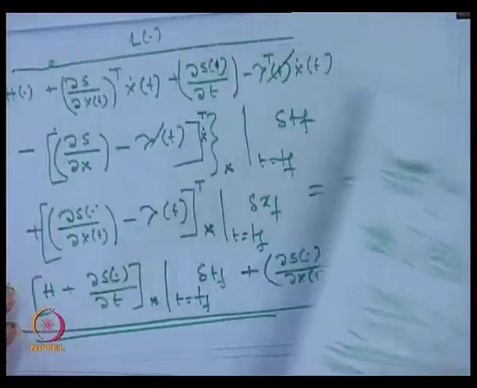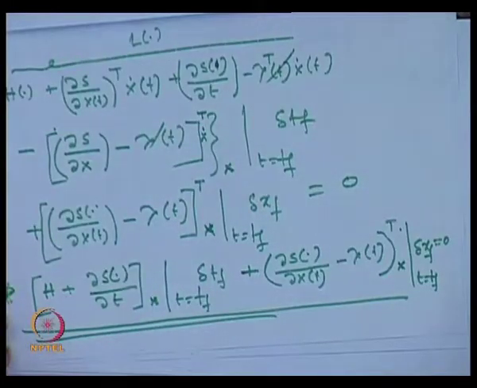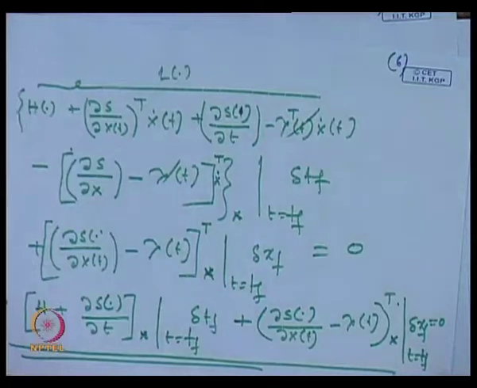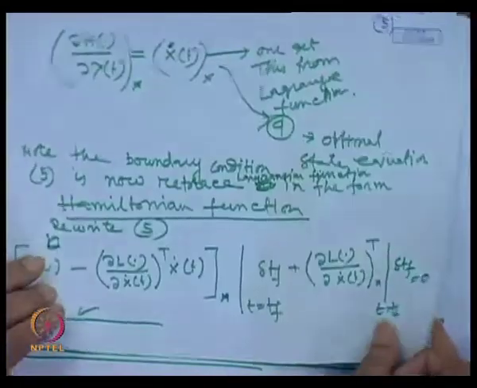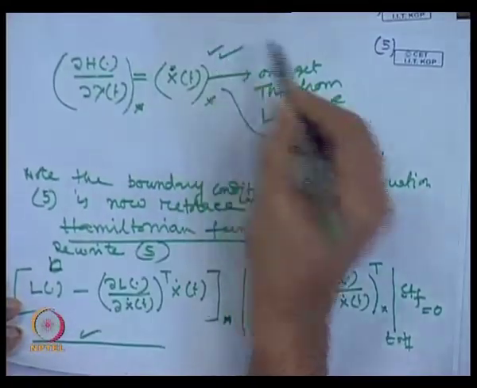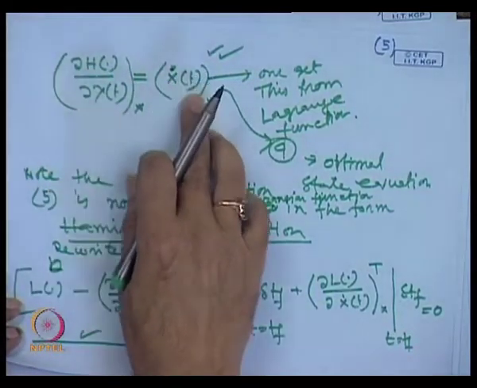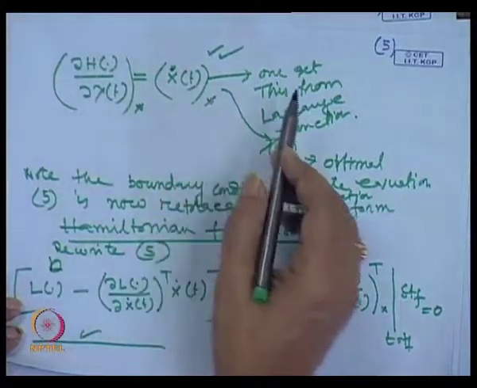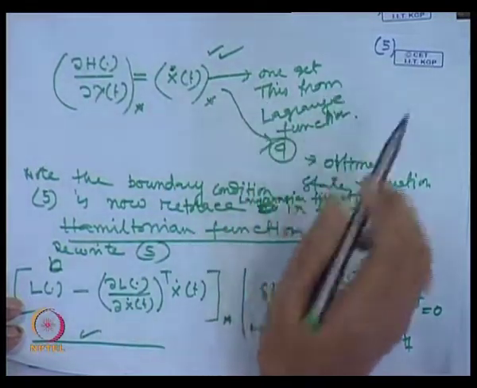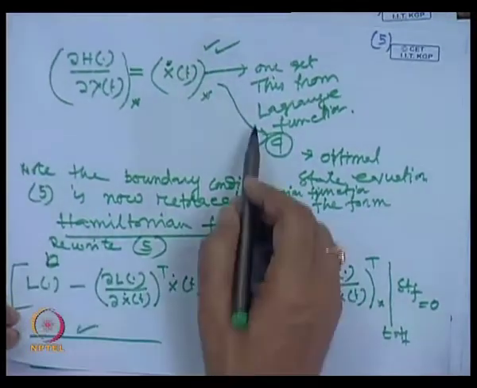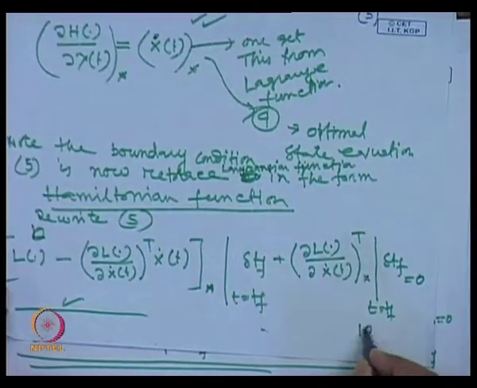The next equation we got is equation 4, 5, page number 5. Del H del lambda is equal to x dot, which is the state equation, and one can get it from the Lagrangian equation. Then this is the boundary condition. This is equation number 9, and this is equation number 10.